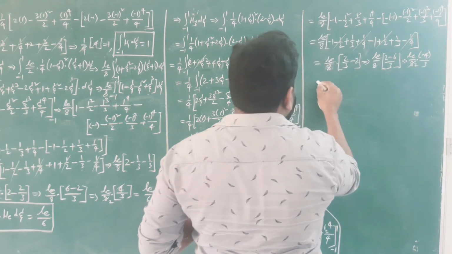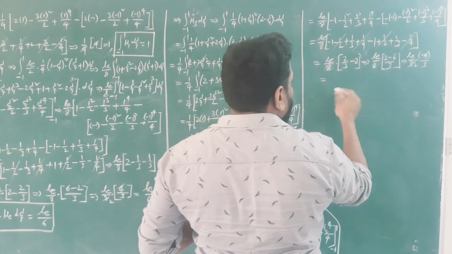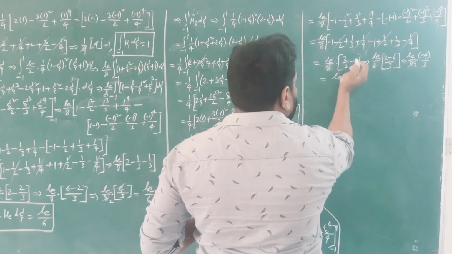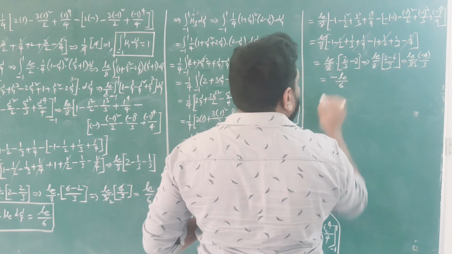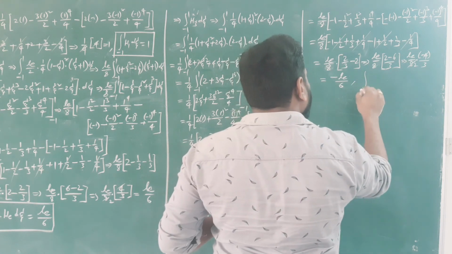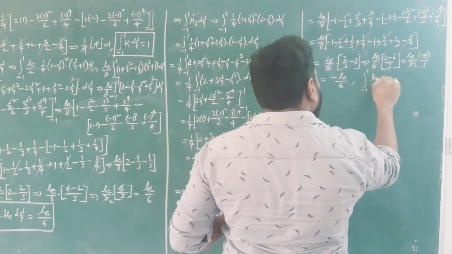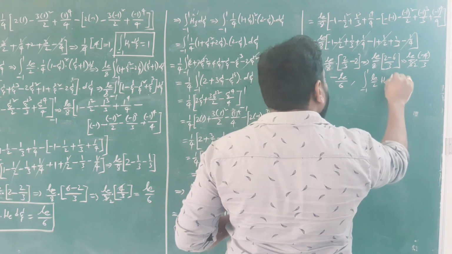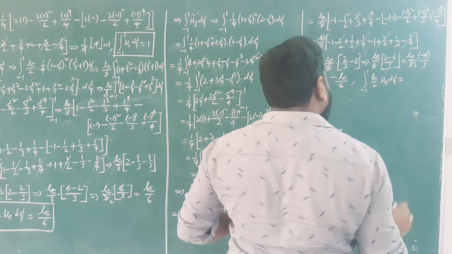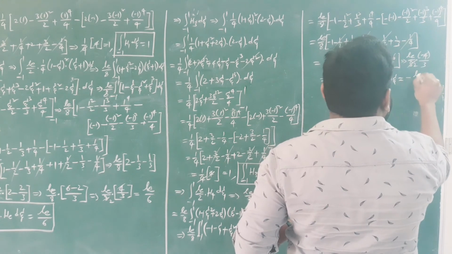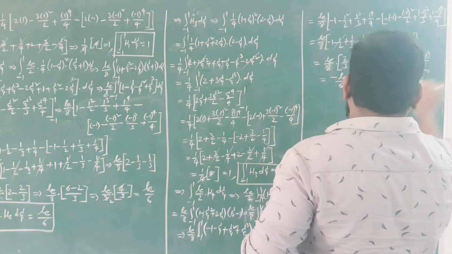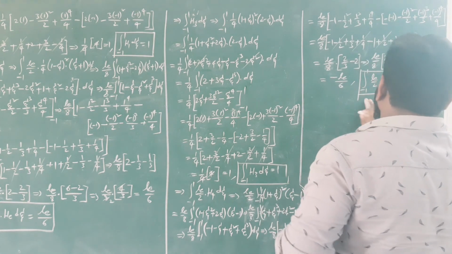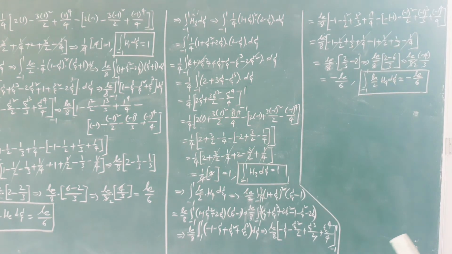So finally we get minus LE by 6. That means the integral from minus 1 to 1 of LE by 2 into H4 into dz is minus LE by 6.